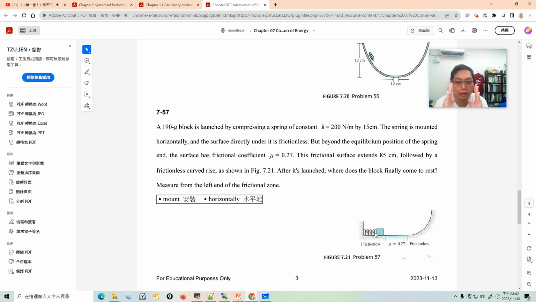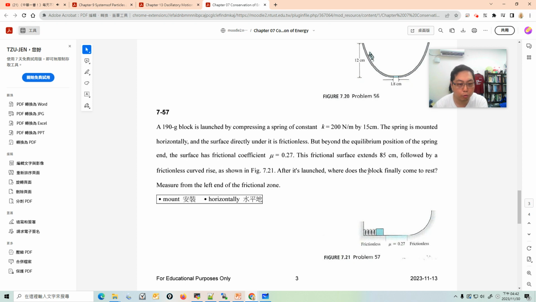Initially it's compressed and then released, and after release the spring becomes a very hard object that never compresses anymore. So the object just goes back and forth in this region. I think the problem didn't state that point, which is why I made this video for you.